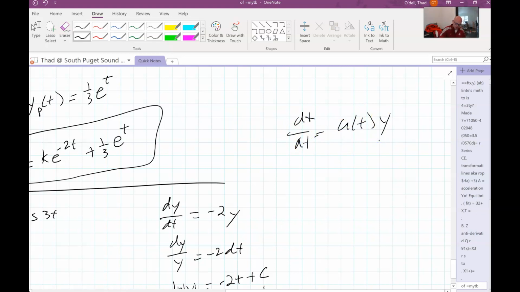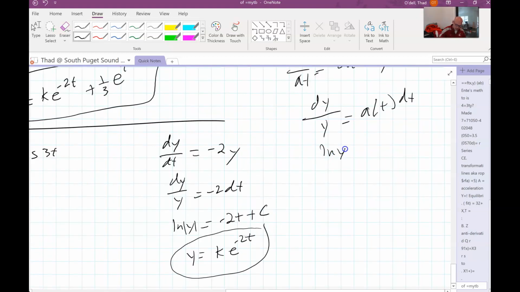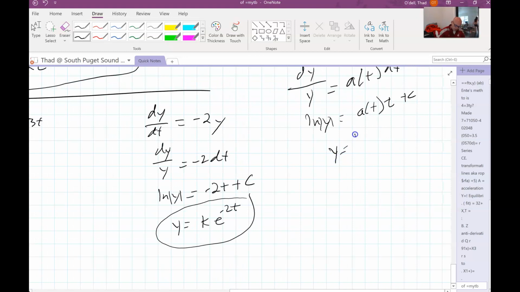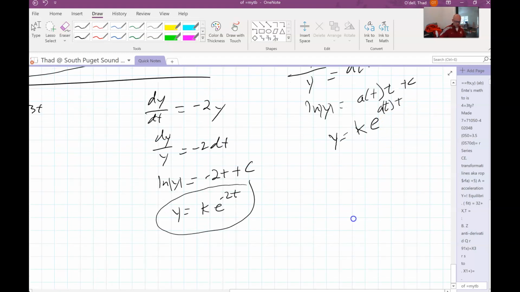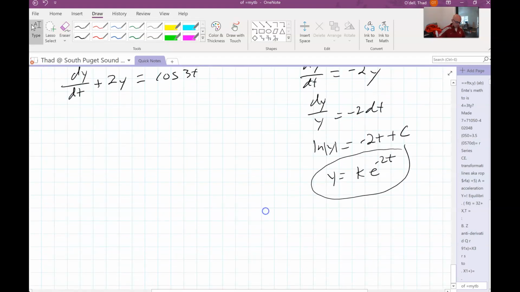If it's just a y there, it's always going to end up being dy over y equals a of t dt, and that's always going to end up being natural log of y equals a of t times t plus c. And so this form is going to show up a bunch. You buy that? Okay. So that's my solution to the non-homogeneous part.